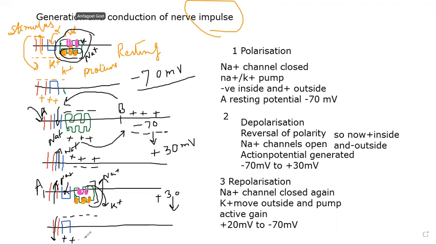This is called repolarization, because now the polarity of the membrane is again regained. So again, from 20 to 30 millivolt to minus 70 millivolt. This is repolarization. So generation and conduction always occur in 3 steps: polarization, depolarization, and repolarization.